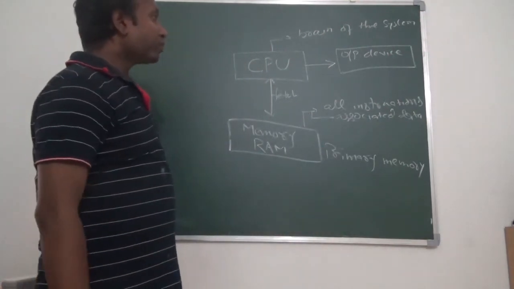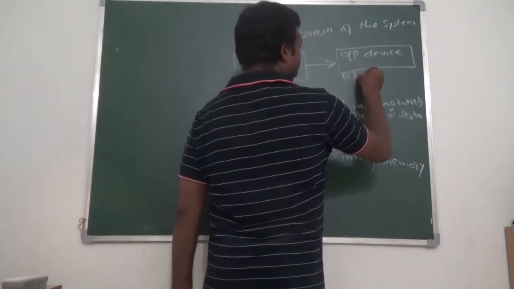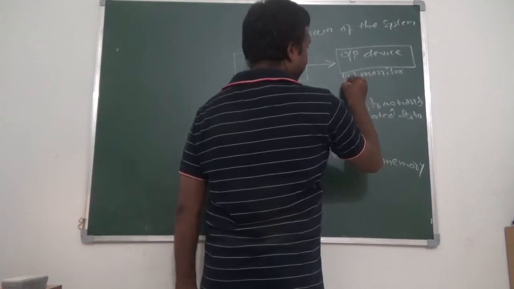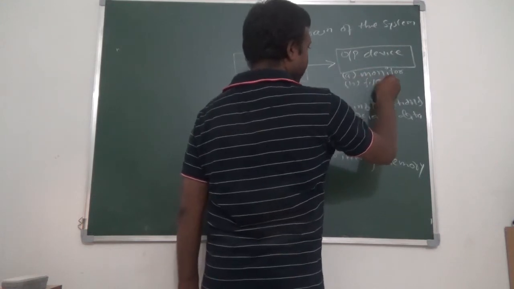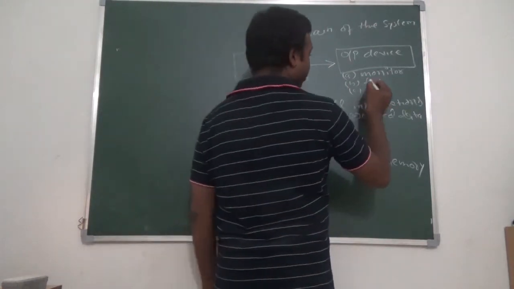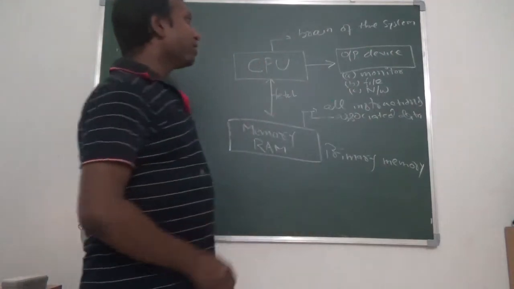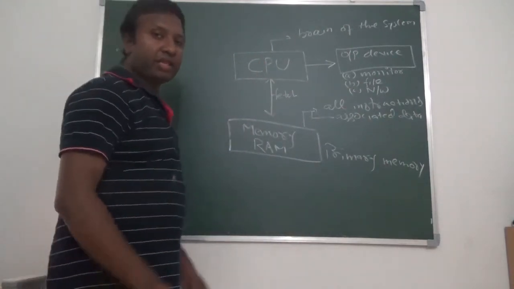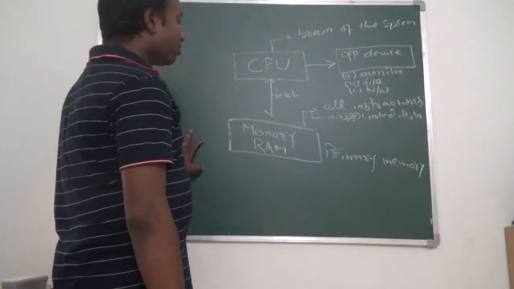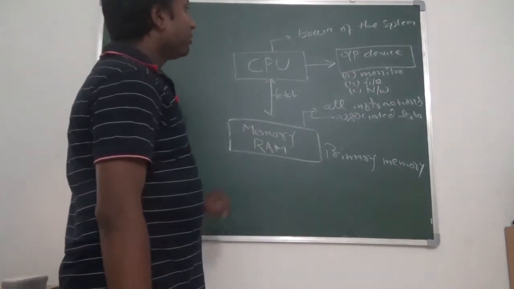Now the output device may be a monitor, maybe a file, maybe a network. So these may be the output devices where the output can be sent. So if there is an output, that will be sent to the output device.